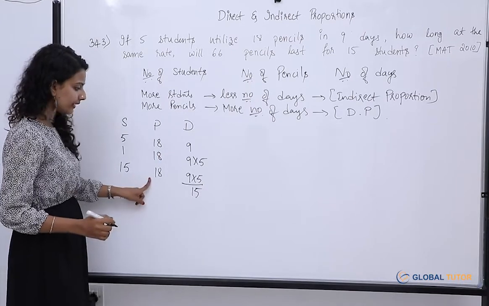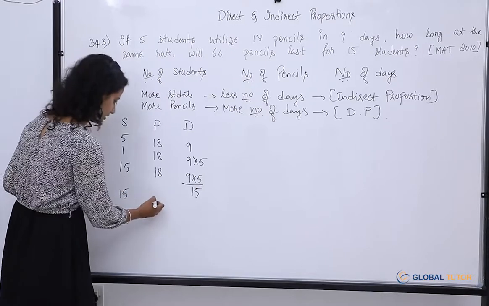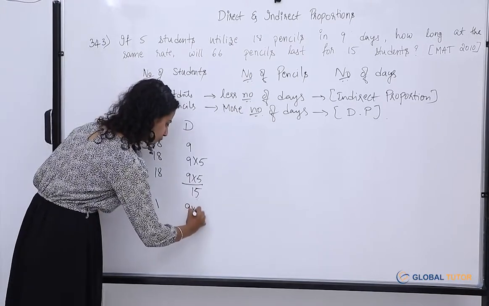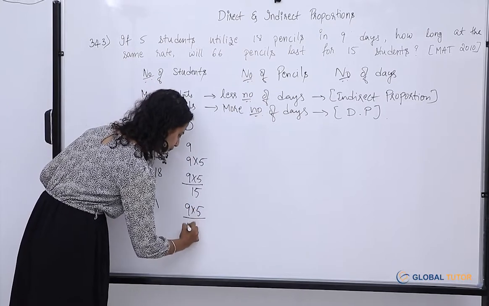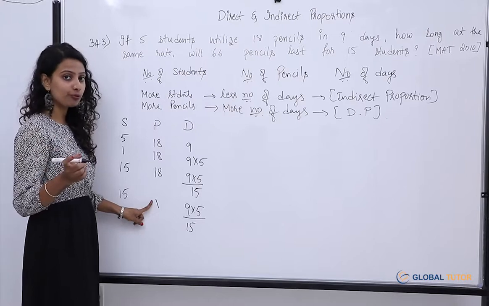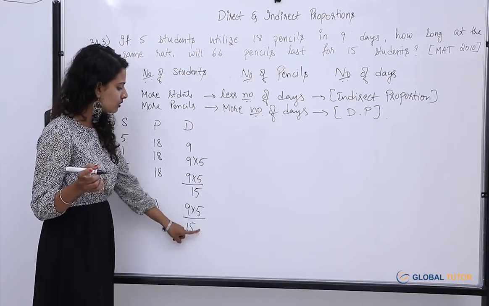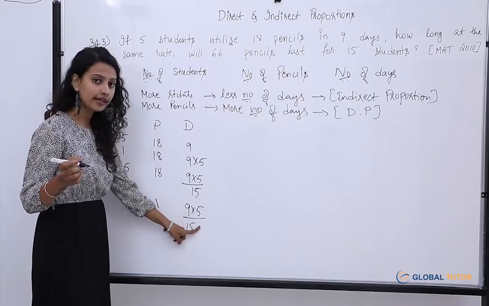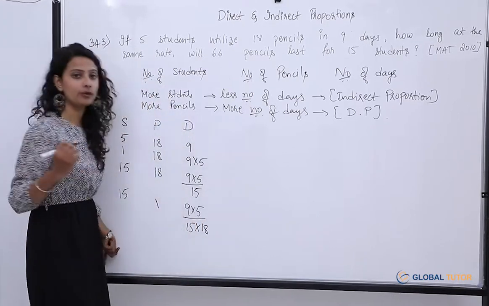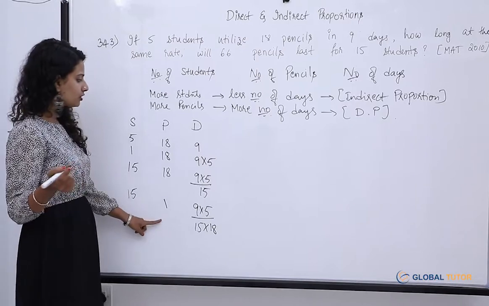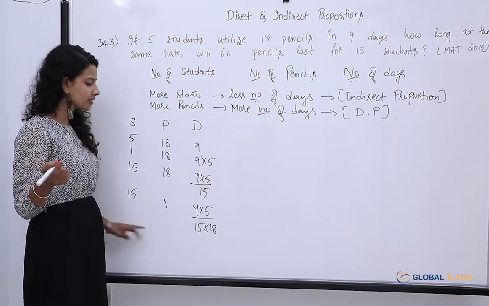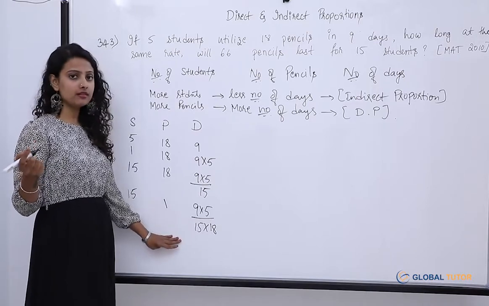Number of pencils were 18, so let's make it 1 right now. We already have 9 into 5 divided by 15. Because we decreased the number of pencils here, we have to divide this term by 18, so multiplied by 18 in the denominator.